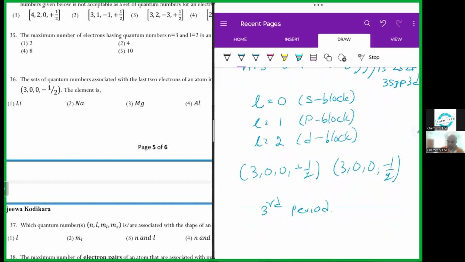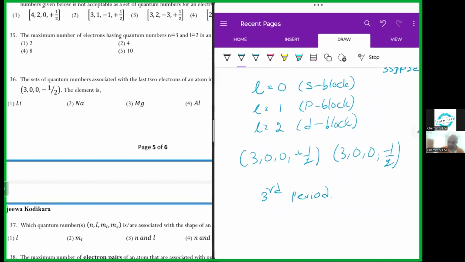And also, L is equal to 0 means this belongs to S block. Right? S block means we have first group and second group. So we check the third period, first group or second group element.